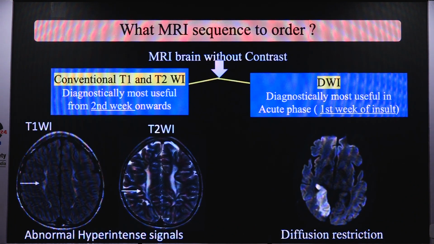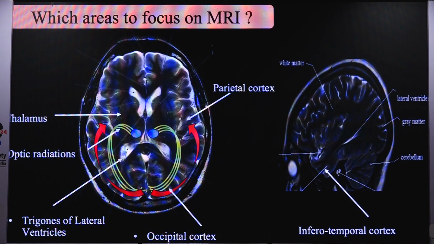Conventional T1, T2 weighted images diagnostically are most useful from second week of insult onwards, and they show abnormal hyperintense signal on both T1 and T2 weighted images. Diffusion weighted images diagnostically are most useful in the very acute phase within the first week of the insult, and they show diffusion restriction. So which areas to focus?